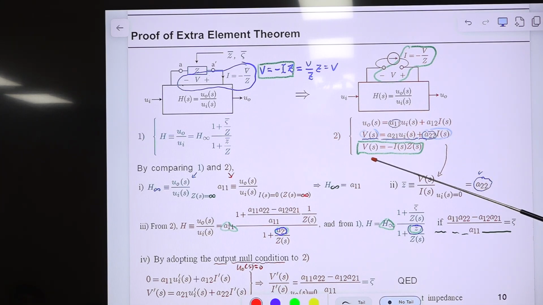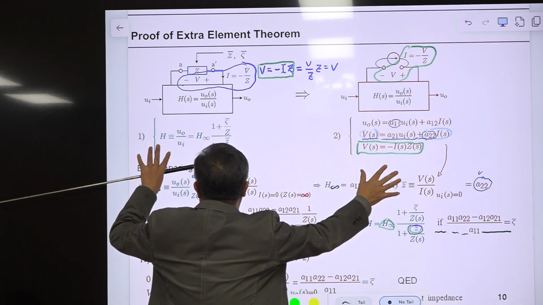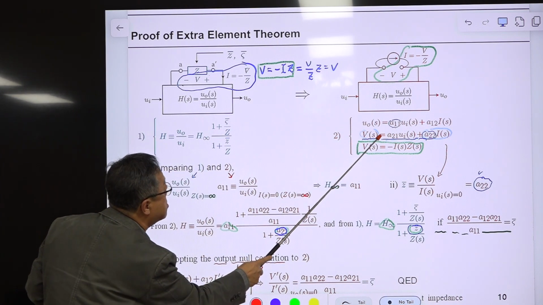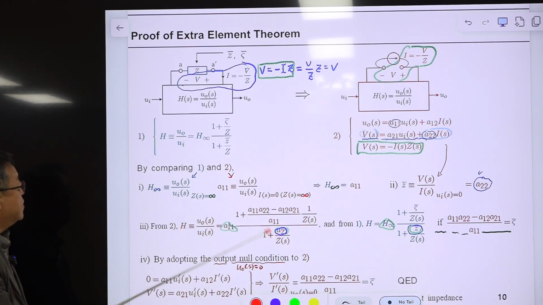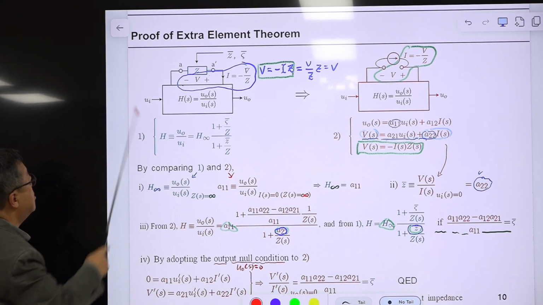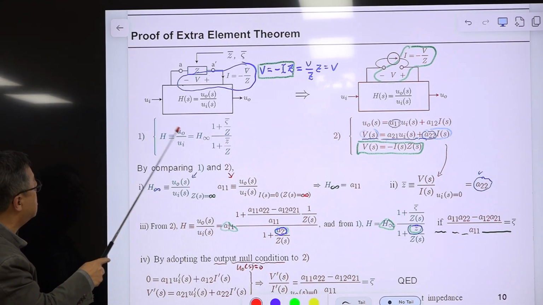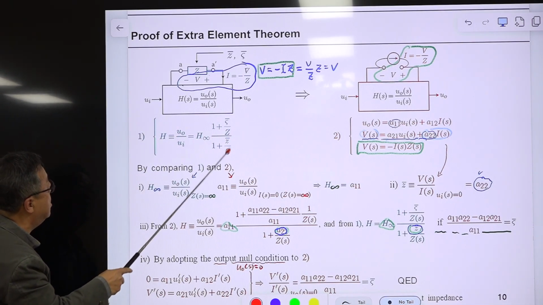All right, and an additional relationship is some constraint between V and G and I, which is this. So we compare this one, and we find out the relationship between this and this, coefficient of this and this. So this is 1, this is 1, and from 1, H infinity is the input to output transfer function, evaluated when G is infinity.